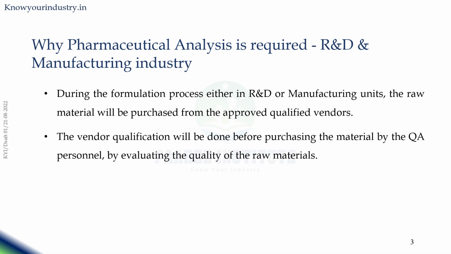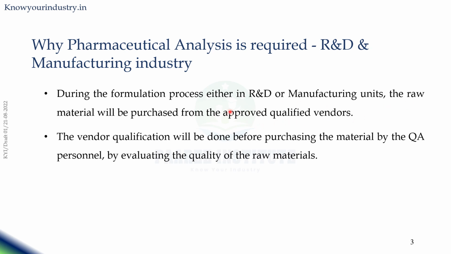Now, why is a pharmaceutical analysis required and at what stages is it required, which are important to understand in research and development as well as the manufacturing industry in pharmaceuticals. During the formulation process, either in the research and development or manufacturing units, the raw material will be purchased from the approved qualified vendors.